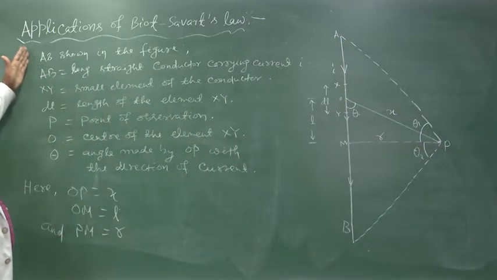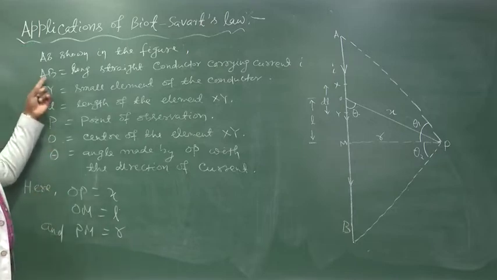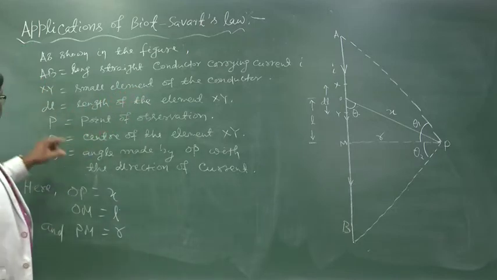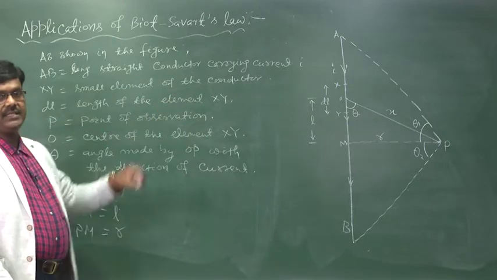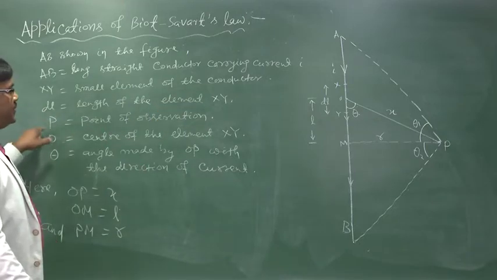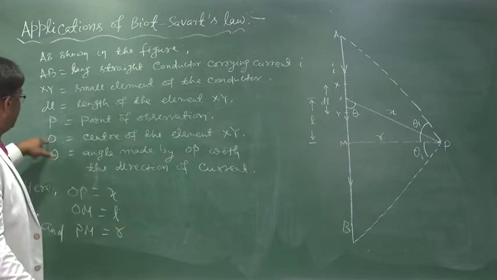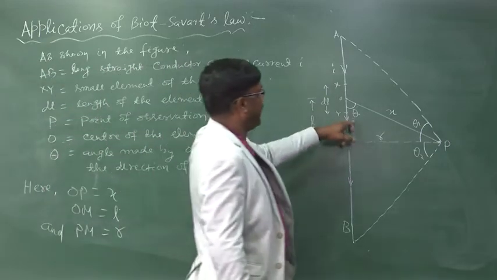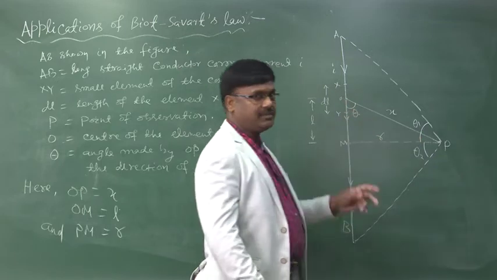Here AB is the conductor, XY is a small element of the conductor, dl is equal to the length of that element, P is the point of observation, O is the center of the element, and theta is the angle made by OP with the length of the conductor.